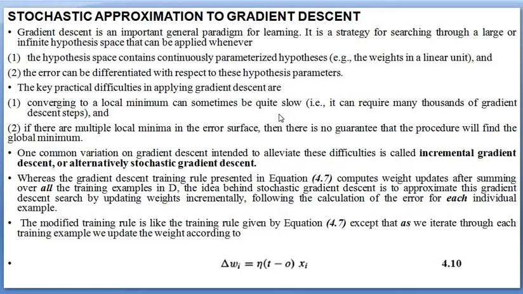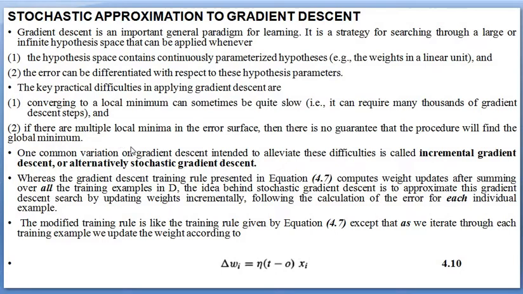So if we apply gradient descent to achieve the local minima where the error is nearly equal to 0, you have to apply thousands of steps or 10,000 steps, which is quite complex.